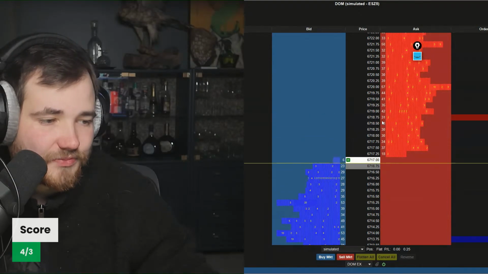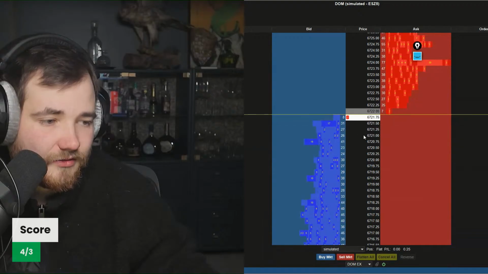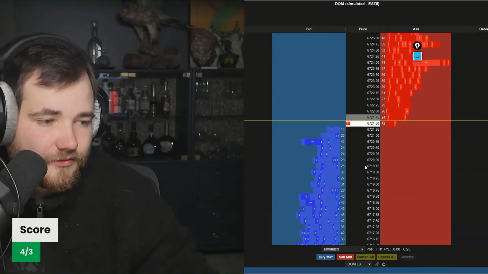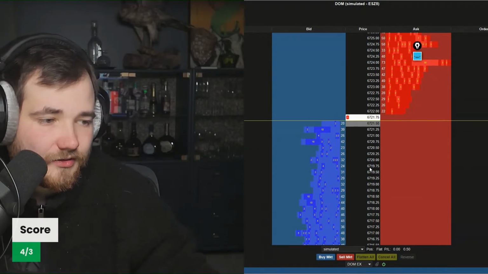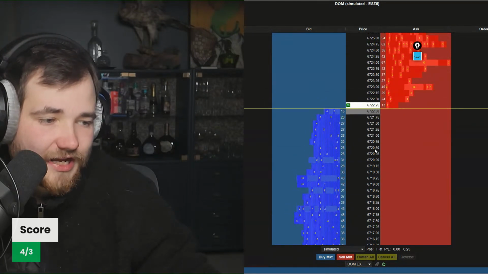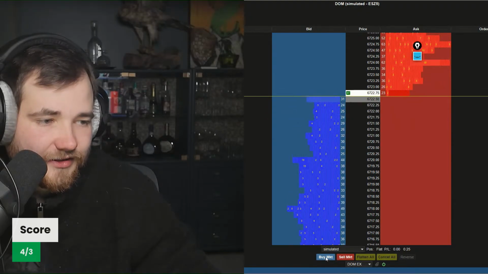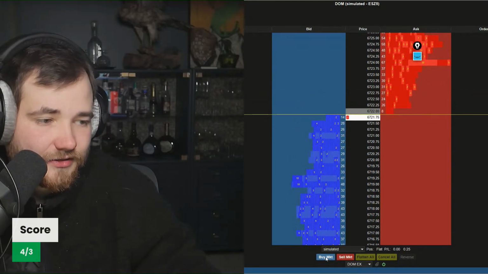There we go. A snap to the upside, but it got caught very fast by the sellers, so no edge there. It has to be more snappy. The snap has to move the market properly. Here we go, a snap, and let's see what happens at this level. Does it defend it? It did, for a while at least.